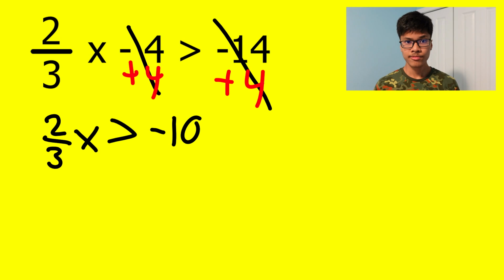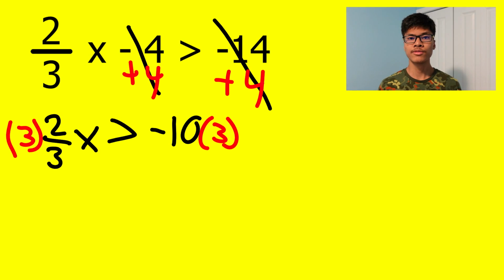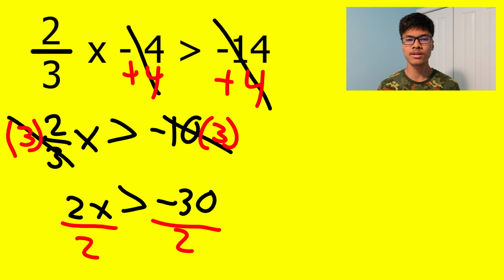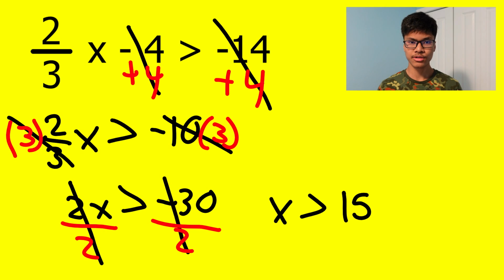Now this time we will multiply each side by 3 to remove the denominator. So now it becomes 2x is greater than negative 30. And finally, we will divide each side by 2 to single out the x. So now our final answer is x is greater than negative 15.